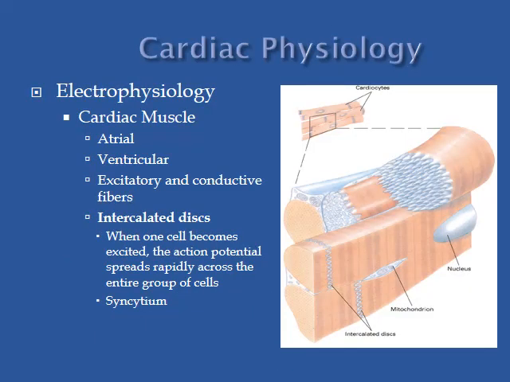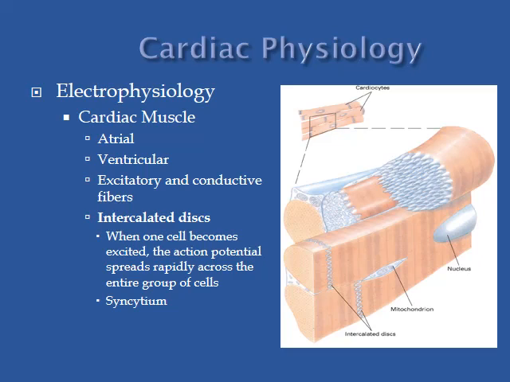The great thing about cardiac muscle tissue is that it sends electrical charges even faster than the rest of our muscles. These specialized tissues are in our atriums, our ventricles, and the conductive system fibers. So there's a thing called intercalated discs in this cardiac muscle tissue that spreads this electrical impulse 400 times faster than a standard cell membrane.